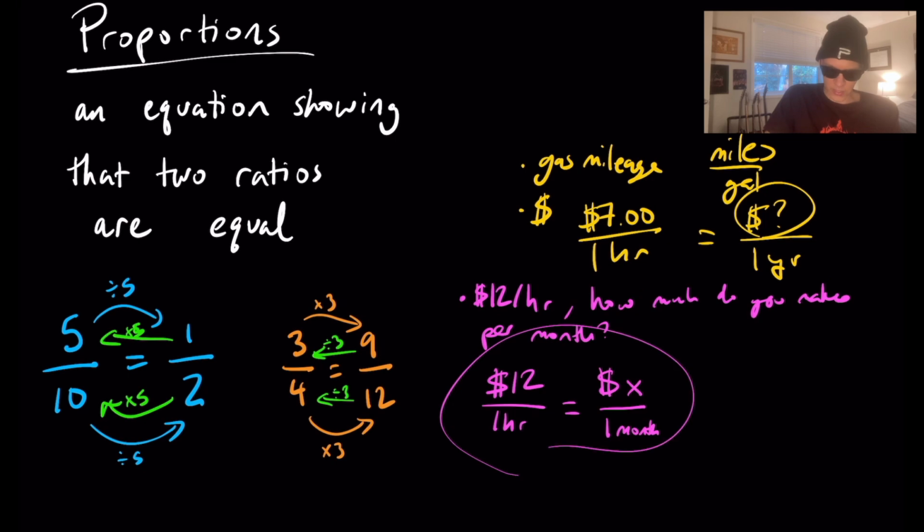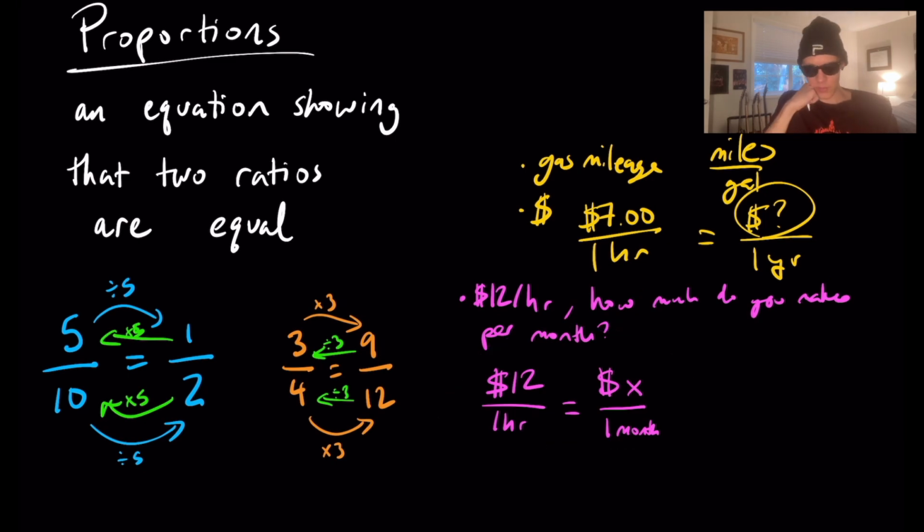If we can kind of do that over here, we'll be able to figure out how much money you would make in 1 month. And I should also mention that in this example, you would be working every hour that exists in that month, which is unrealistic, obviously, because you need to sleep and eat. But for simplicity's sake, we'll just keep it at that.